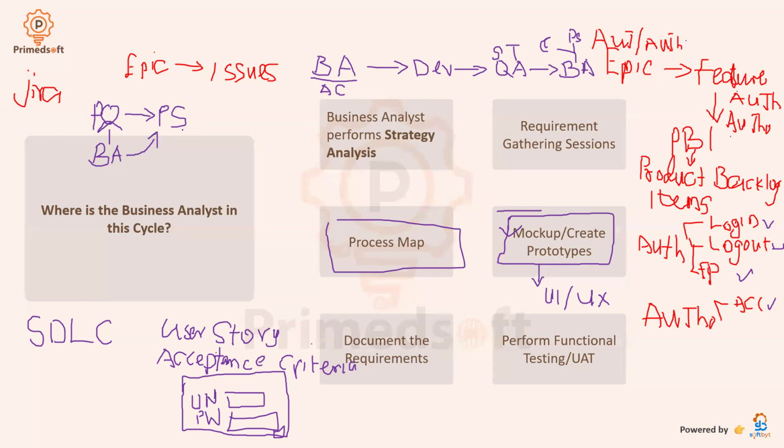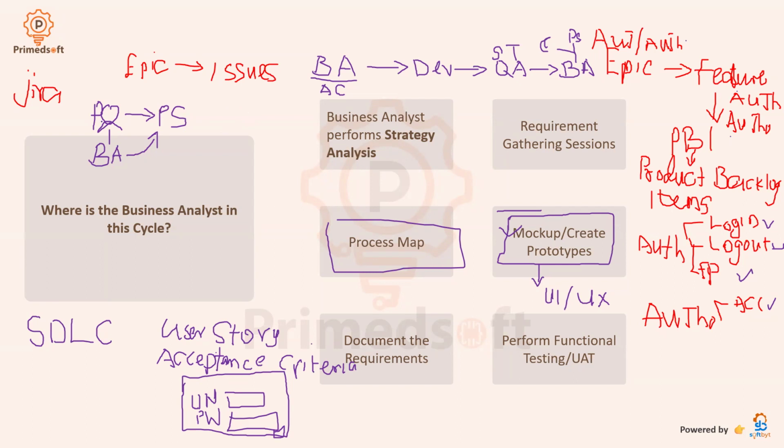Make sense? Sorry, I'm confused between the product owner and the project sponsor. The project sponsor is the grocery owner outside who wants to build the application. Are you with me? Okay. The person that brought the business is the project sponsor.